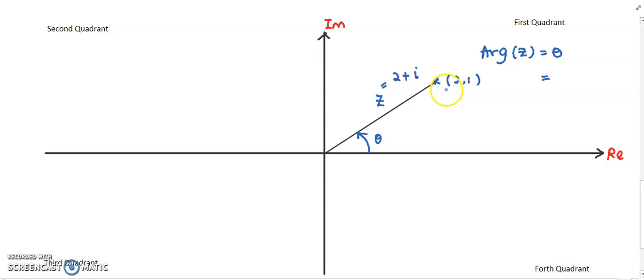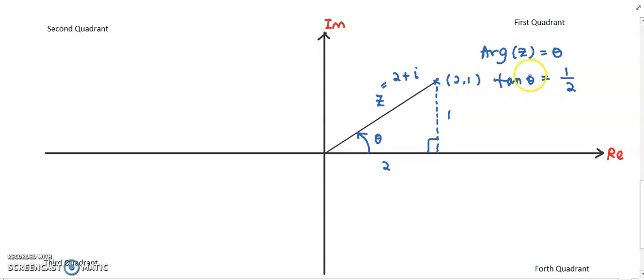We can see this as a right angle triangle, where the height of the triangle is 1 unit, because the height refers to the imaginary part, and the length of the base is 2 units. So recall the tangent: tan theta is equal to 1 over 2.